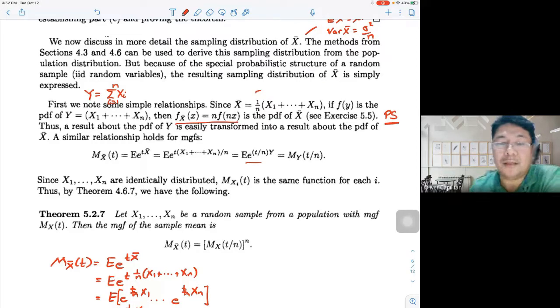Madali lang masyado ito. You can apply what you have learned in the previous chapter.